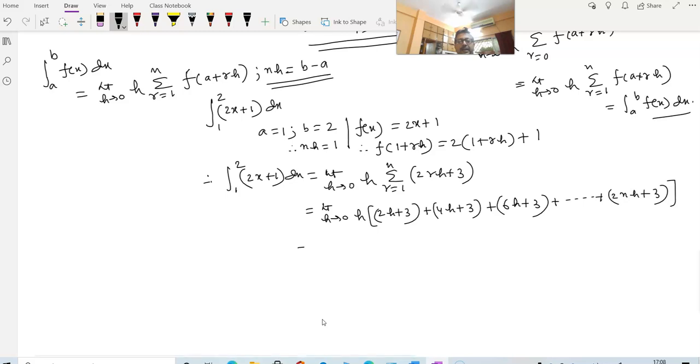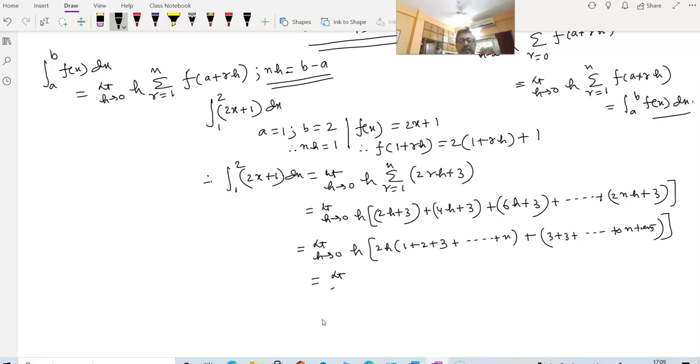Now, if you take the terms containing h together, it will be 2h into (1 plus 2 plus 3 up to n) plus 3, this way up to n terms. So this thing is going to be h, this sum is n into (n plus 1) by 2, plus 3n.